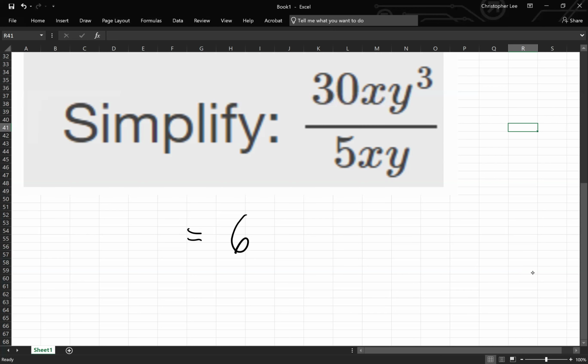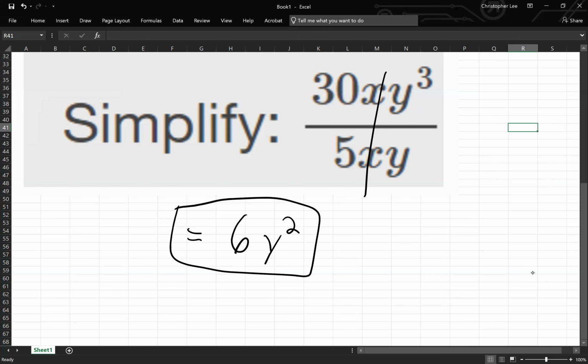X divided by X, what happens to that? Cancels out. Good. Y cubed divided by Y is? Y squared. That's my answer. So you divide the numbers by the numbers, and whenever you're dividing the variables, what do we do with the powers? We subtract them. That's it.